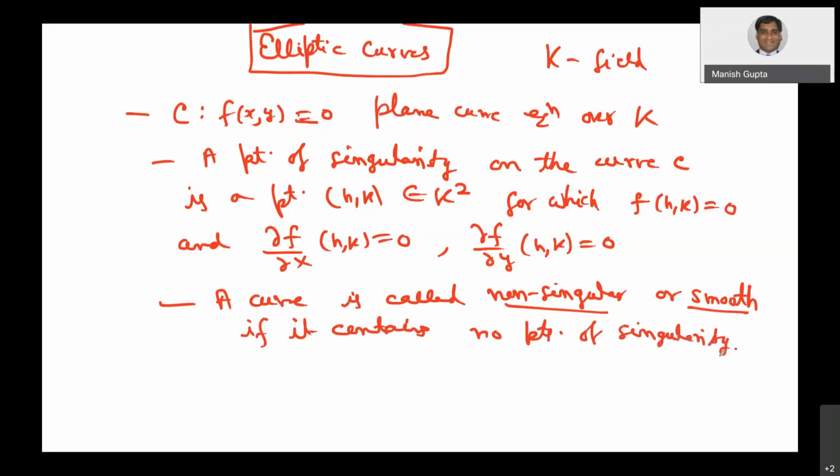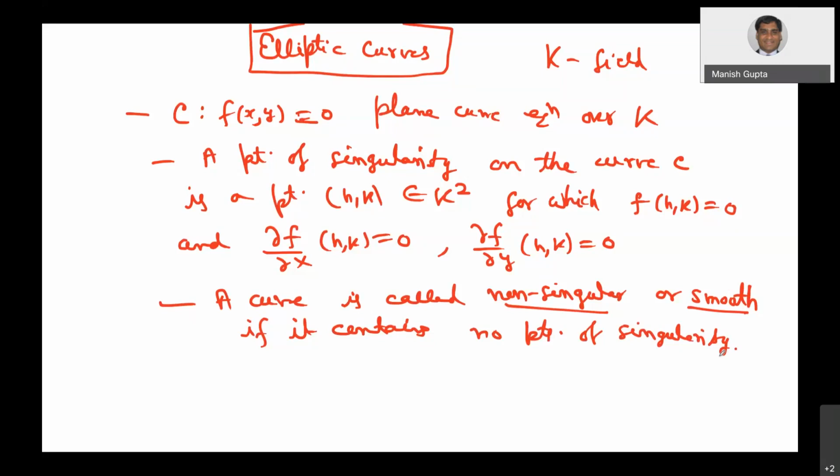Okay, so then we say that a curve is singular. So a curve is non-singular, is smooth, if it has no point of singularity. So a singularity on the curve f(x, y) equal to 0 is a point for which f of (h, k) is equal to 0 and del f over del x and del f over del y at the point (h, k) are equal to 0. Okay.